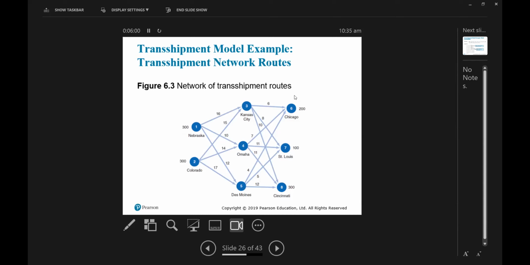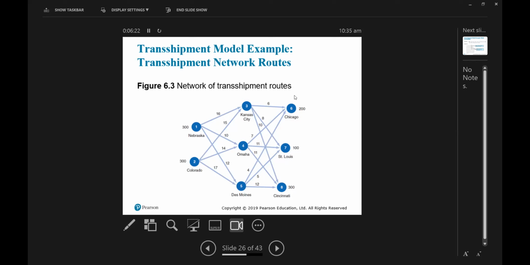And from Des Moines, you take the goods to Chicago, St. Louis, and then Cincinnati, in that order. So these values are the cost of transporting the goods from one station to the other.